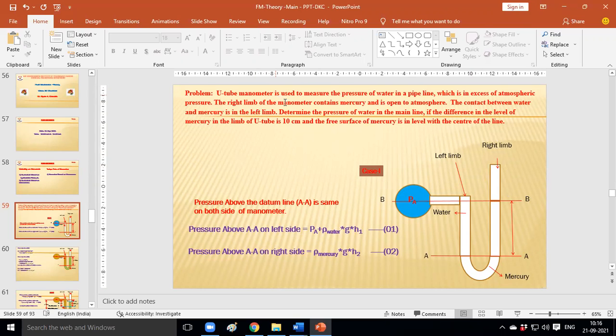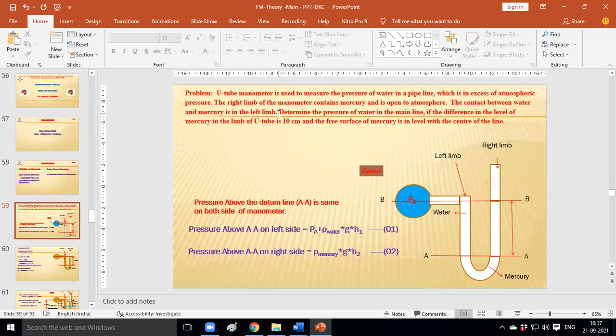The right limb of manometer contains the mercury and is open to the atmosphere. This upper end is open to the atmosphere. The contact between water and mercury is in the left limb. Obviously, the left limb is connected to the pipeline, so there will be contact between water and mercury only in the left limb.